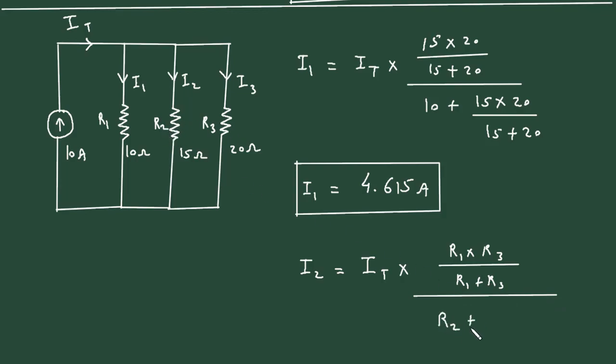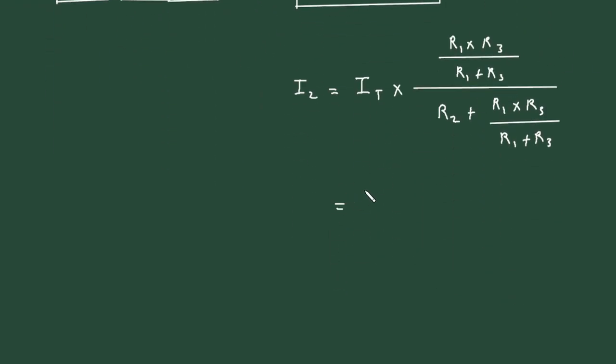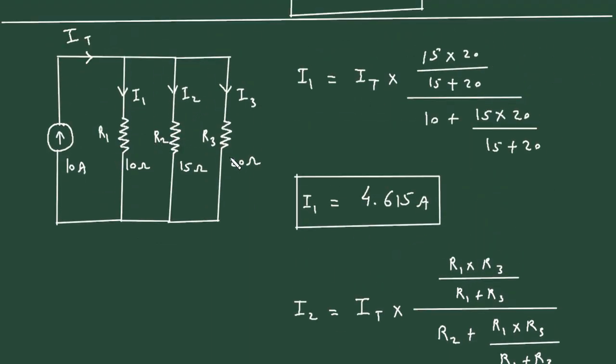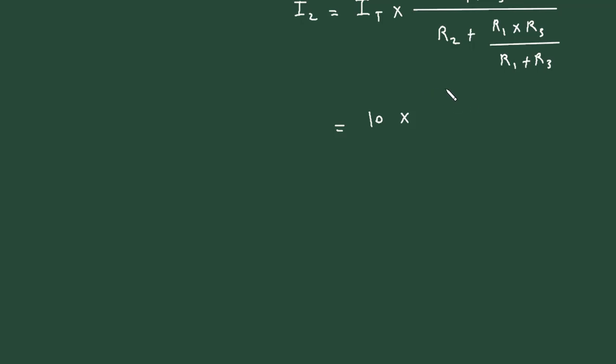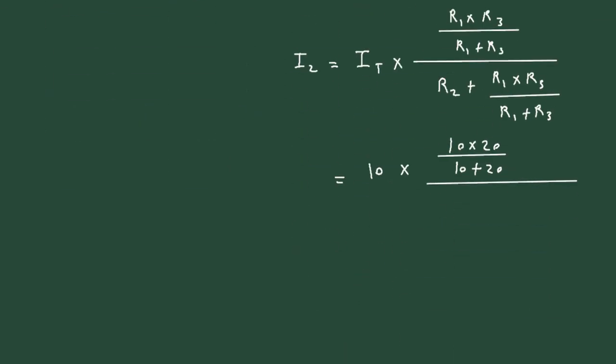Then next, we have to find the value of I2. So to find I2, let's write it here. I2 is equal to, the formula will be total current, that is IT multiplied by opposite branch resistance.